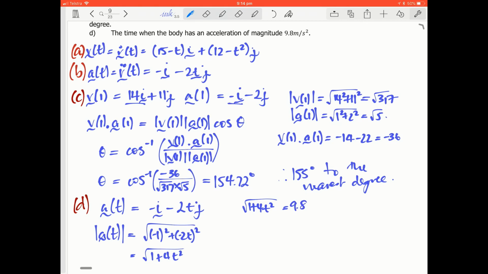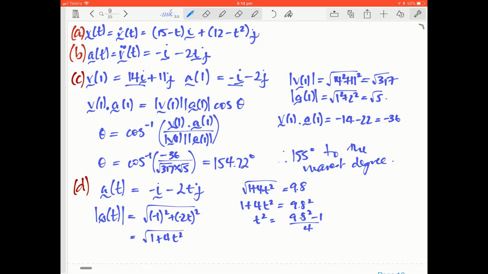If we square both sides, we get 1 plus 4t squared is equal to 9.8 squared. We get t squared is equal to 9.8 squared minus 1, on 4. t will then equal plus or minus the square root of 9.8 squared minus 1 on 4.